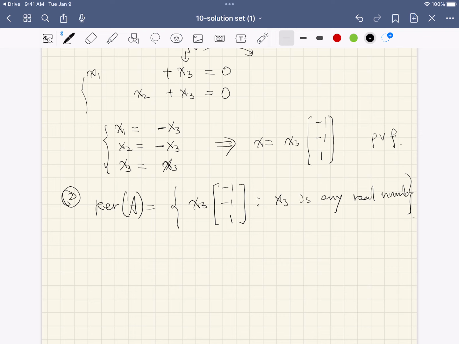But a more common notation is the following, because we have introduced what span means. Span is the set of linear combinations of given vectors. There's only one vector, so this is basically the span of one vector, negative 1, negative 1, 1. This is the more common notation.